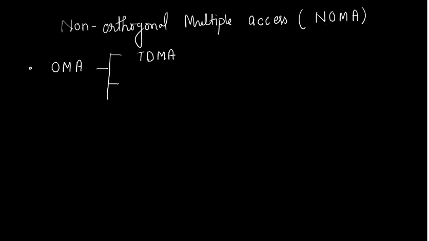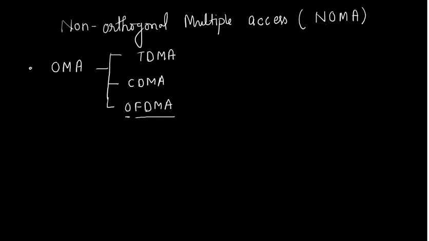Second is CDMA, code division multiple access. And the third one is orthogonal frequency division multiple access, where each subcarrier is orthogonal to each other. So these three are the basic orthogonal multiple access schemes.